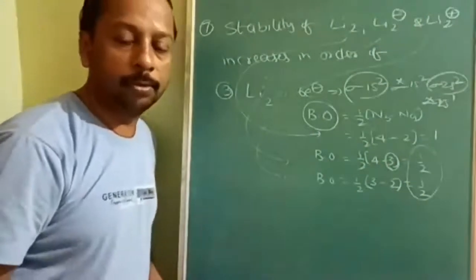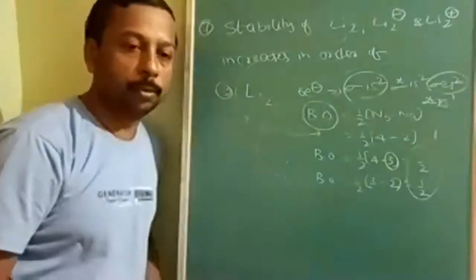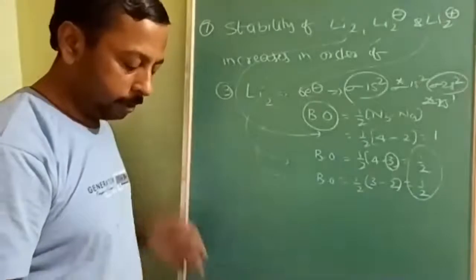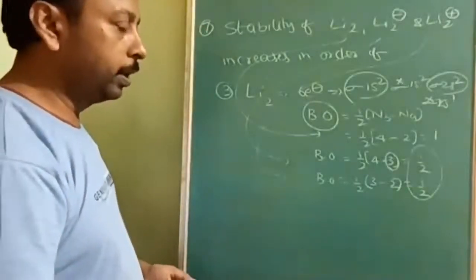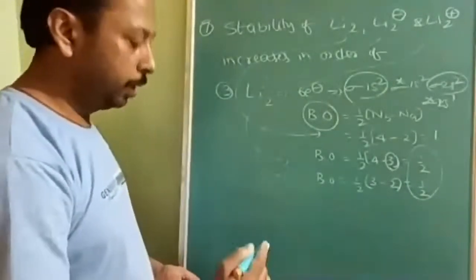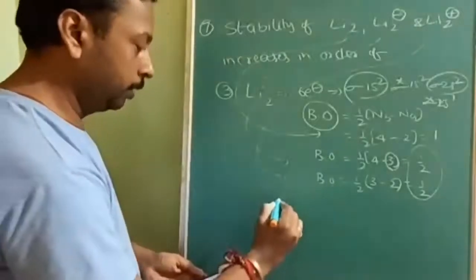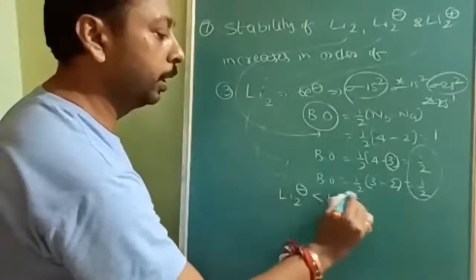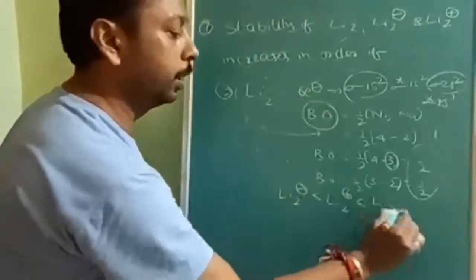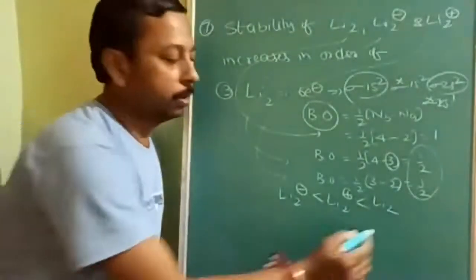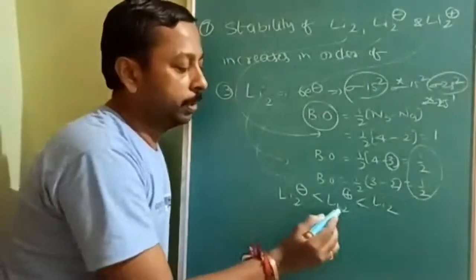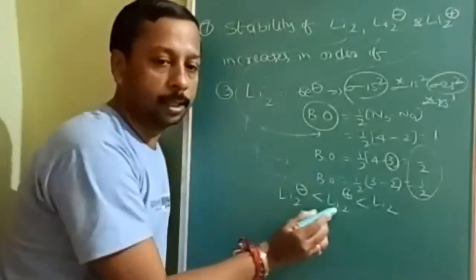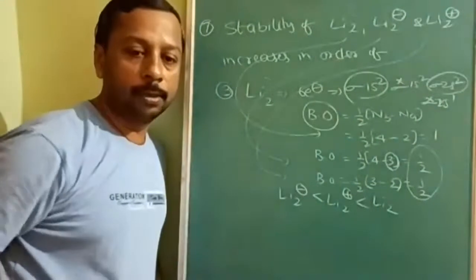So according to this configuration, the more the bond order, the more the stability, and if the bond order is the same, then you compare the antibonding electrons. So the answer will be Li2 minus less than Li2 plus less than Li2. Okay. Bond orders are 1, 0.5, 0.5, but the number of antibonding electrons is more in Li2 minus.